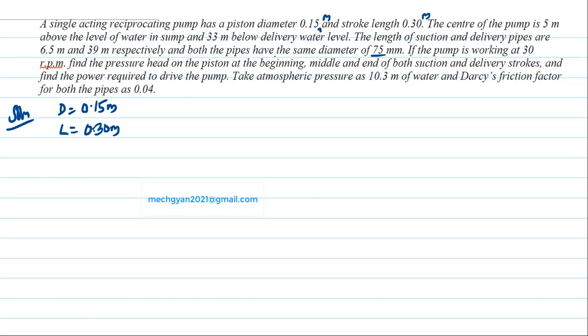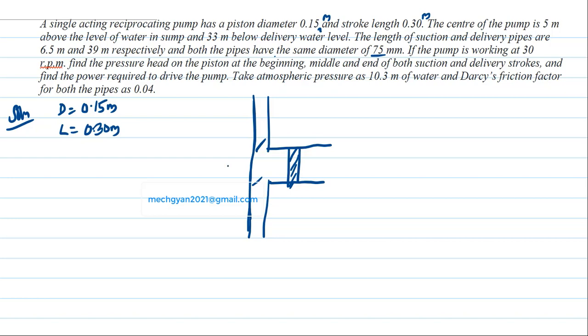The center of the pump is 5 meter above the level of water. So let's quickly draw it. So this is basically the pump, the suction pipe, delivery pipe, piston, cylinder arrangement.